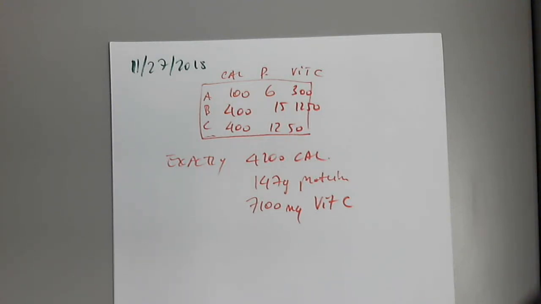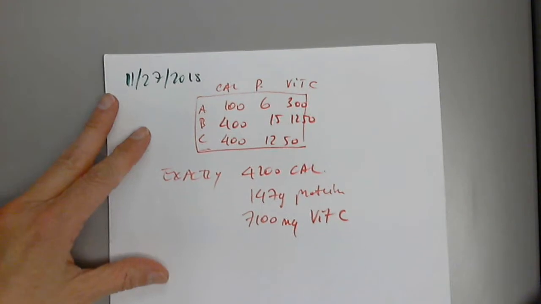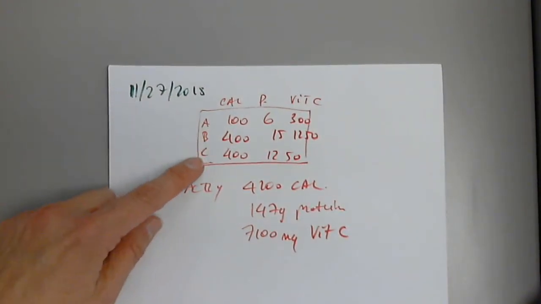Okay, so we know that we have food A, food B, and food C, right?